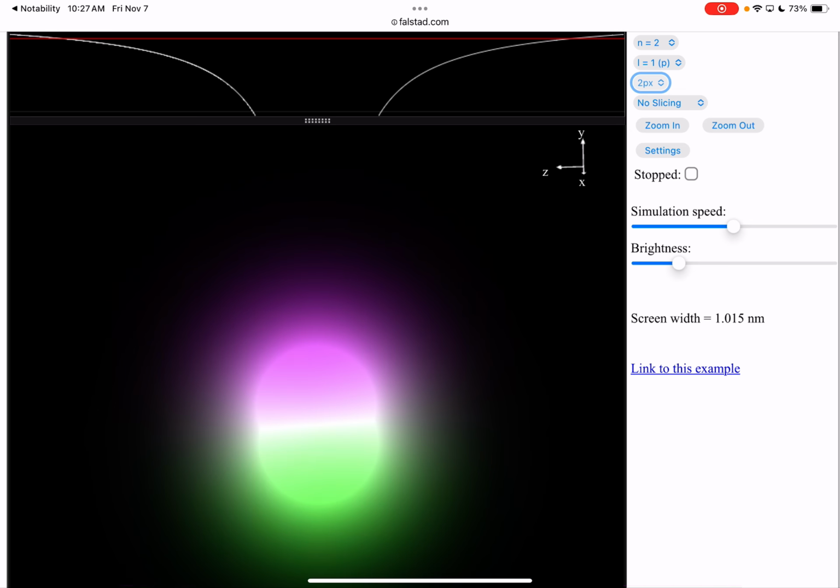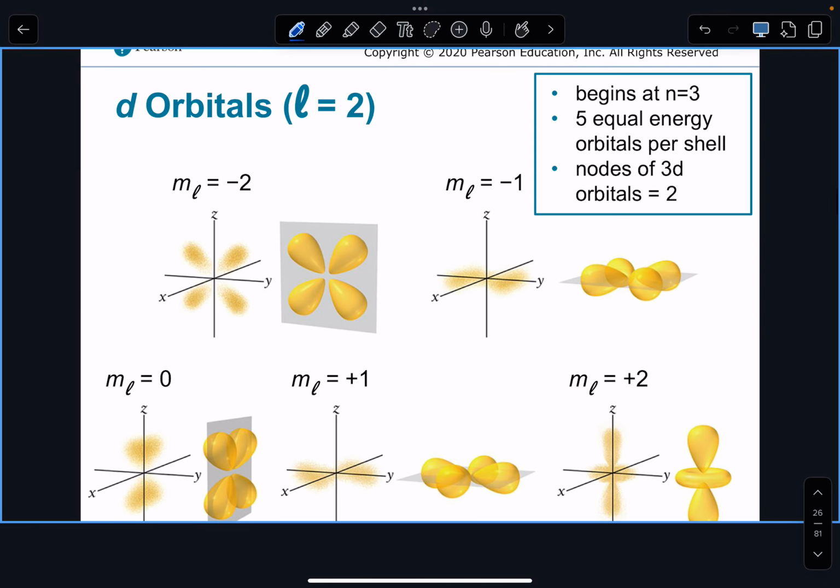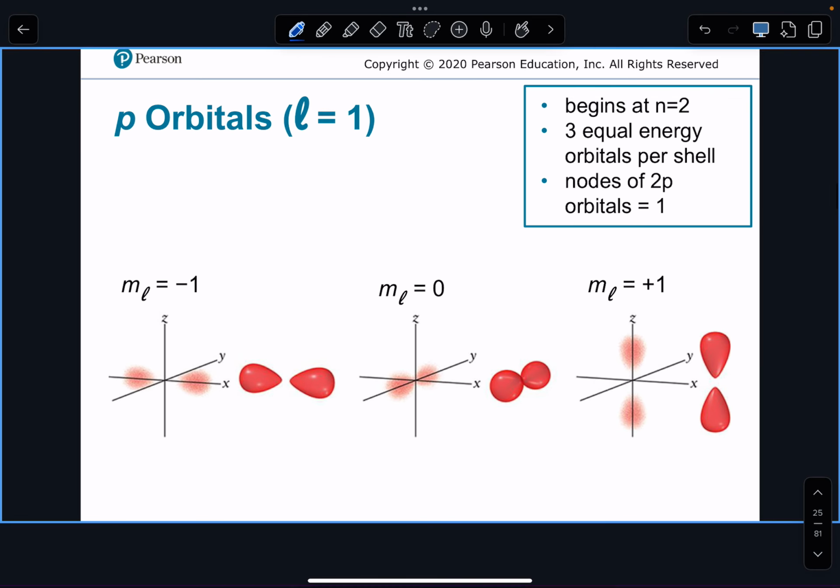So that is the different M sub L values. M sub L is the next quantum number. It has no effect on energy, and it is an indicator of which of the orbitals in a particular subshell you're talking about.